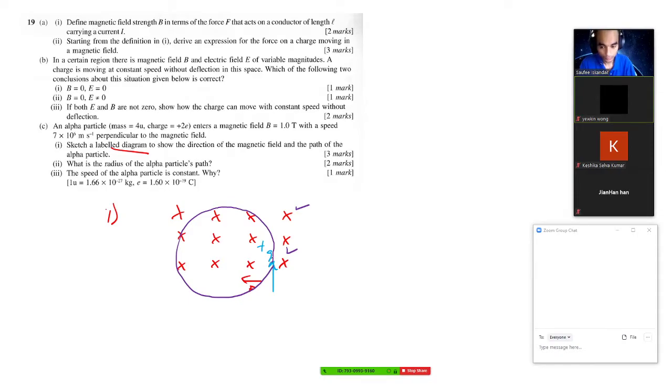So question number two: what is the radius of the alpha particle path? We can combine two kinds of forces.